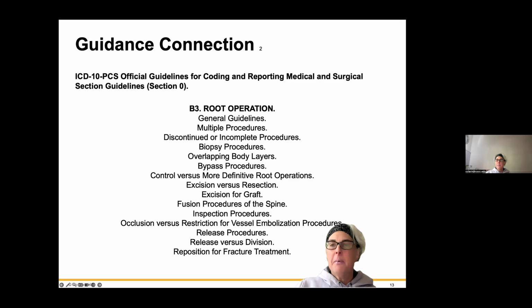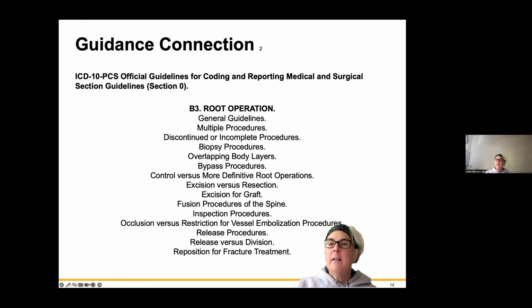So if we have multiple procedures, how many codes are you going to report? What about if there's a discontinued, incomplete procedure? What do you do when the intent wasn't fully carried out? Biopsy guidance, and when biopsy is coded separately versus included. Overlapping body layers, which body part to code when layers are involved.